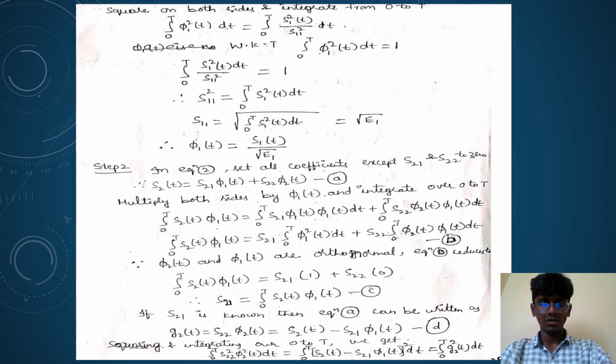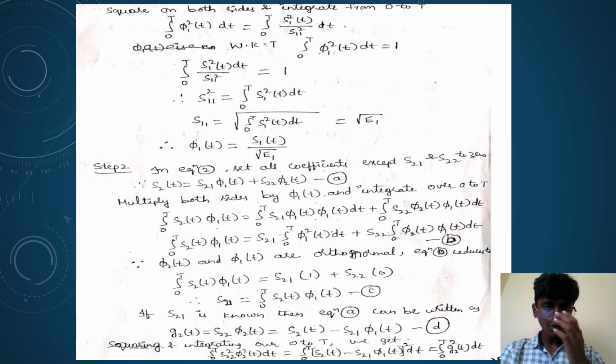From this derivation, we can prove that phi1(t) is equal to s1(t) by the square root of E1. And also from step 1, we can prove that phi1(t) is equal to s1(t) by s11. Hope you understood step 1.